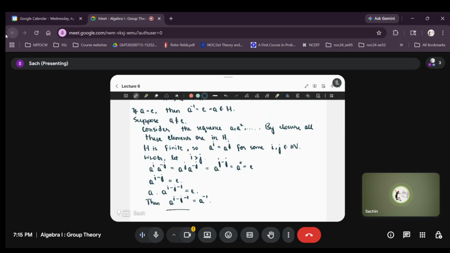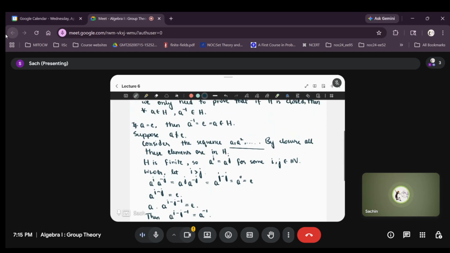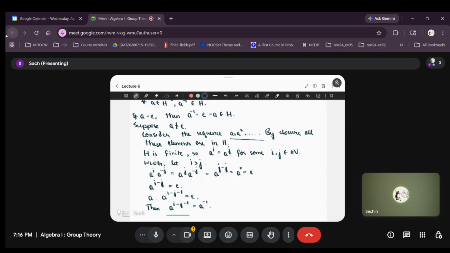So this A power I minus J minus 1 is one of the elements A square, etc. Or if it is E, then that would mean that A is equal to E, which is not the case because we had assumed that A is not in. So A power I minus J minus 1 is some positive power of A. And since A is in H, all positive powers of A are in H. So A power I minus J minus 1 is in H, and that is the inverse of A.